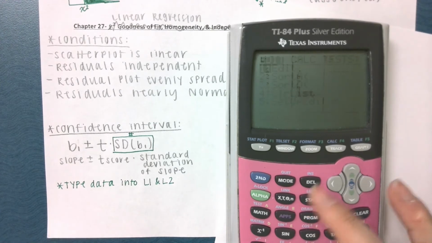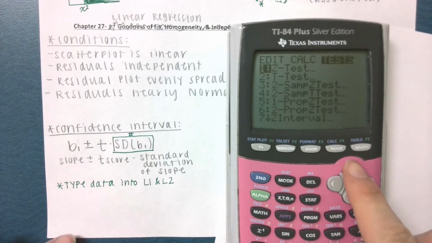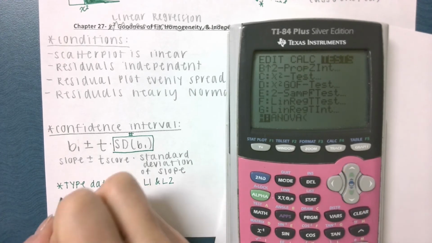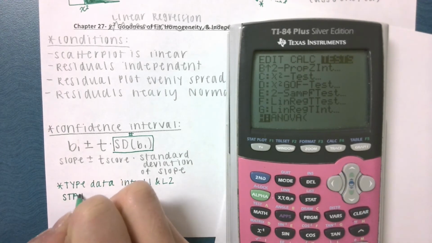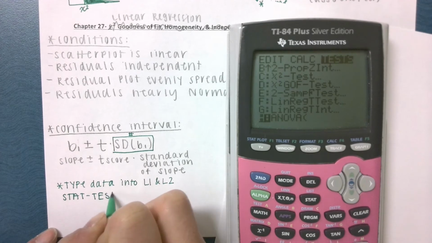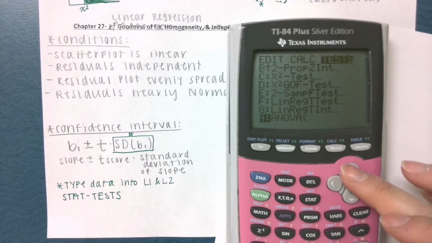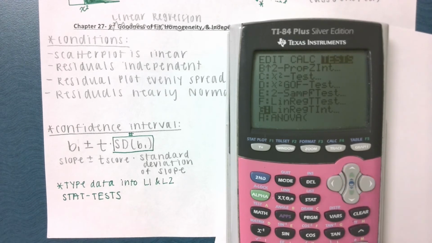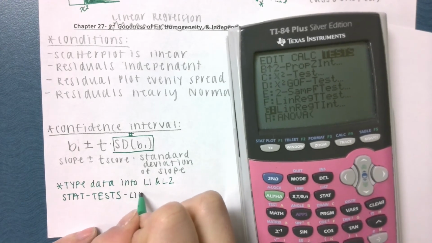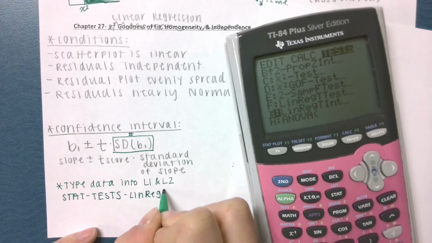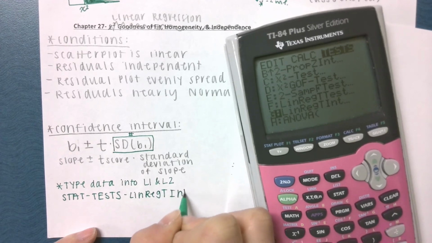Then I'm going to my stat tests. And I'm going to look for a linear regression interval, which should be right here. So that's LinRegTInt. T stands for t-score.